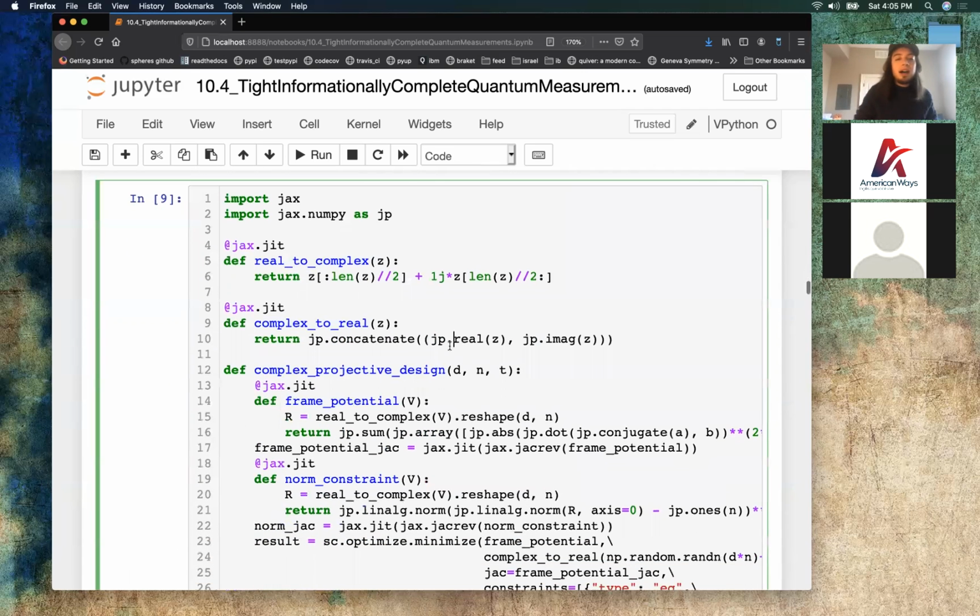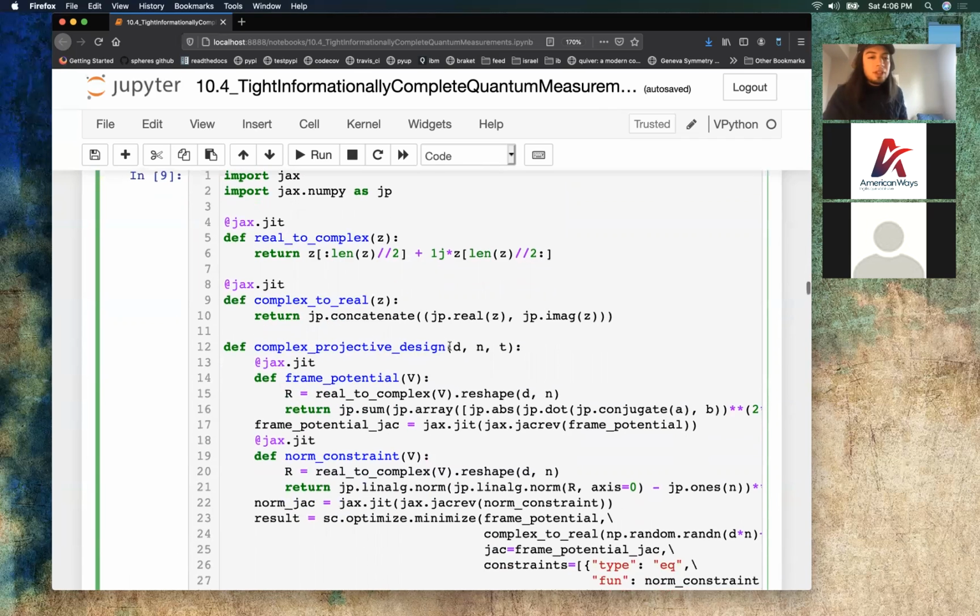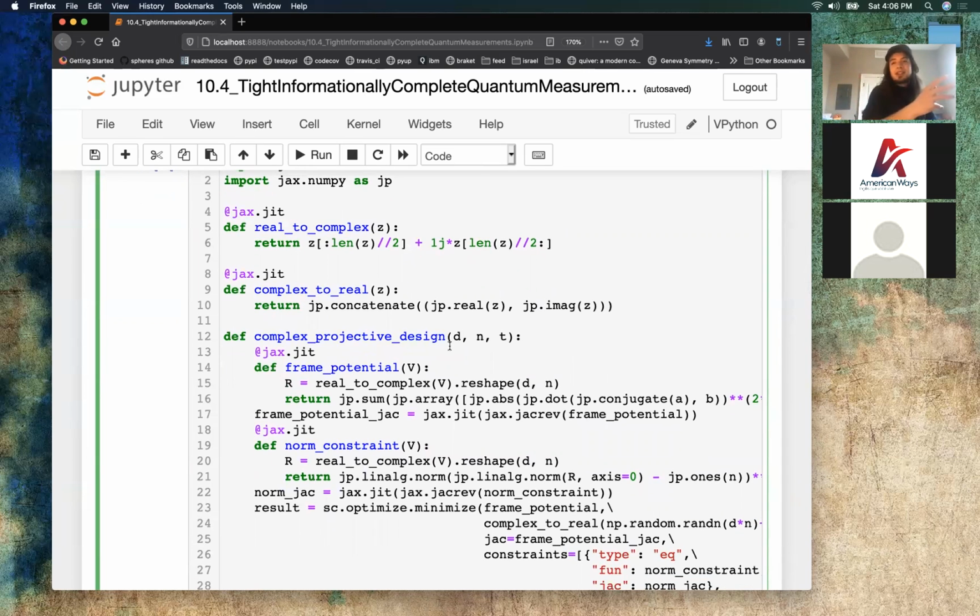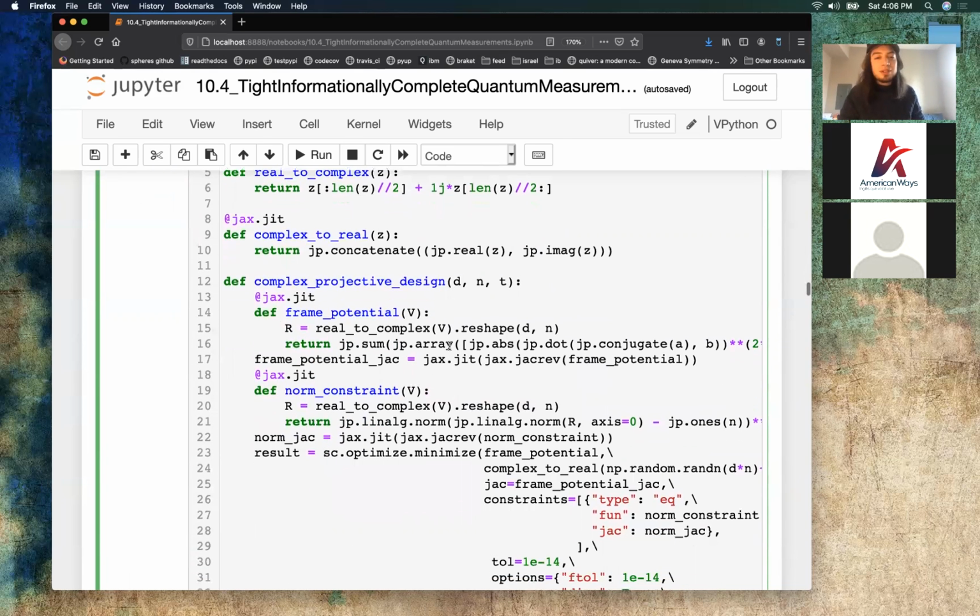So anyway, let's do the same kind of numerical optimization to find a SIC, a complex projective 2 design. One thing, if you're doing this kind of numerical optimization, is that sometimes you have to play around to make it work nicely with complex numbers. We actually work with real vectors and turn them into complex vectors and back, just because the optimizer doesn't like working with complex numbers directly.